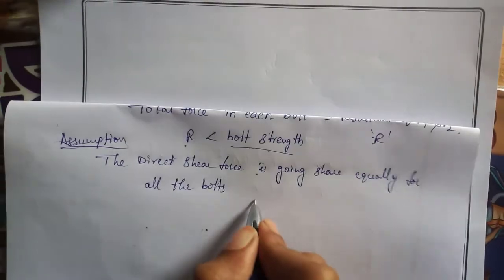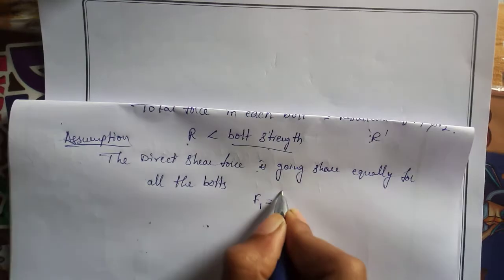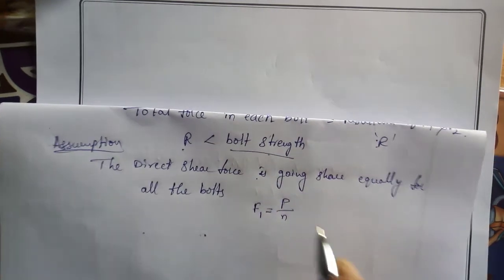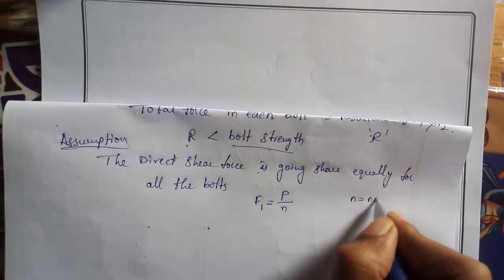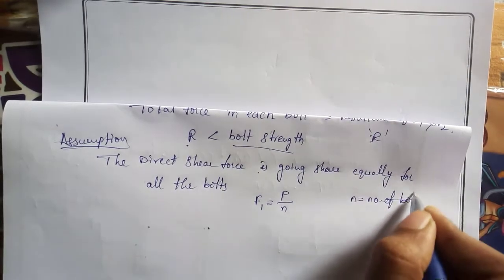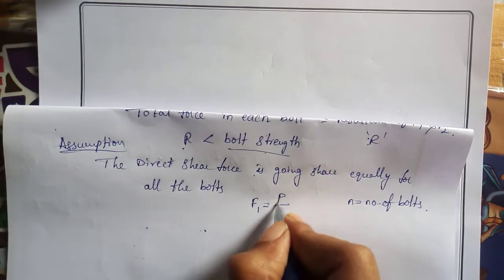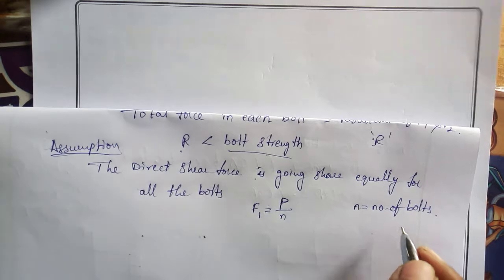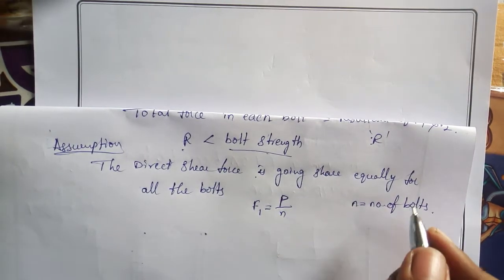That means this F1 is nothing but P by N, where N is the number of bolts. So this force P is going to be shared equally by all the bolts in the bolt group.